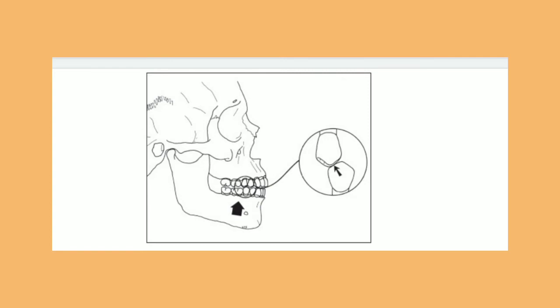So how can we solve this problem? We can use articulating paper to mark the interfering contacts and remove them carefully.